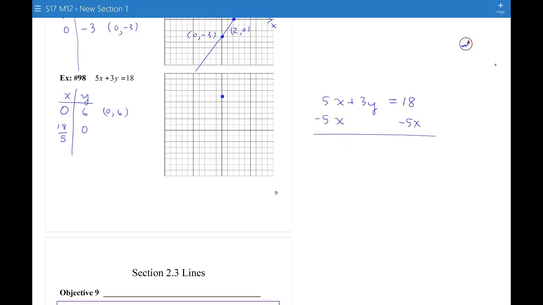So here I'm going to solve for the y, and divide both sides by 3 and see that y equals negative 5/3 x plus 6. So my slope is down 5 over 3. Down 5 over 3.